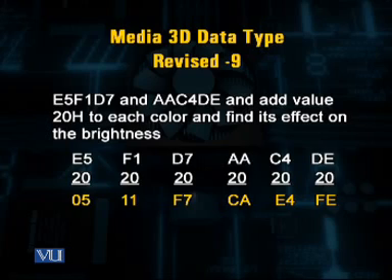You can see from this arithmetic operation that we are now adding a value 20 hex to each color, that is to E5. When we add a value 20, it results in a value 05 with 1 overflow.